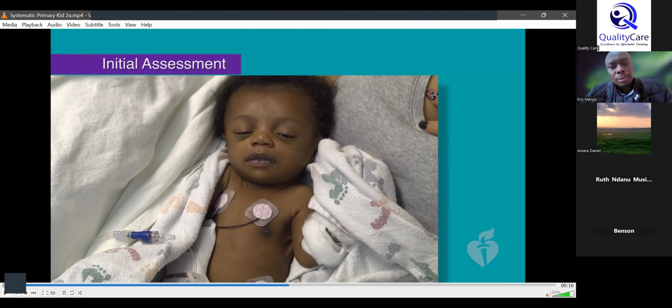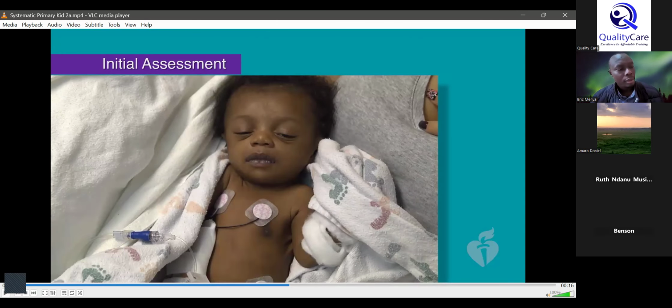So what does this baby need? Baby needs breathing support. So we need oxygen. Color? Baby seems to be cyanosed.